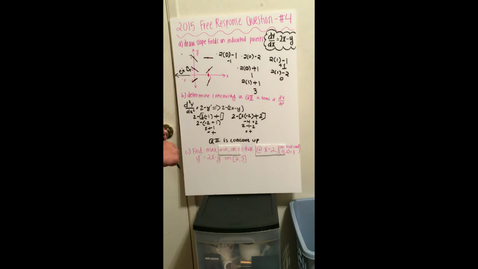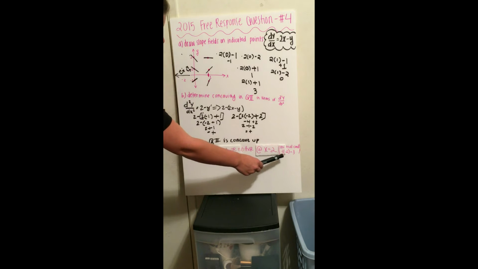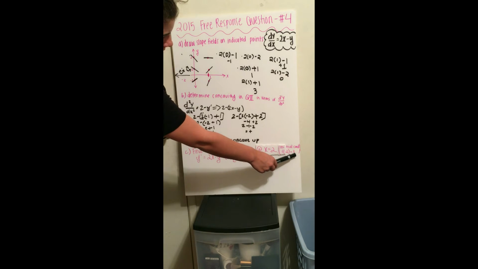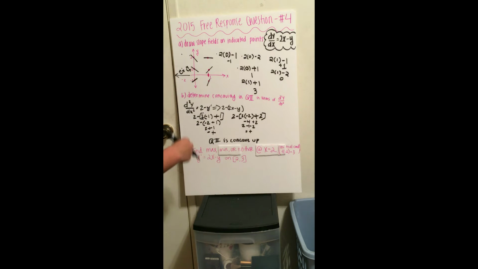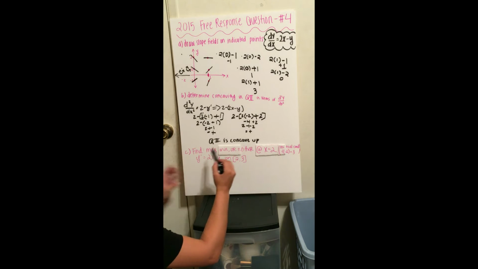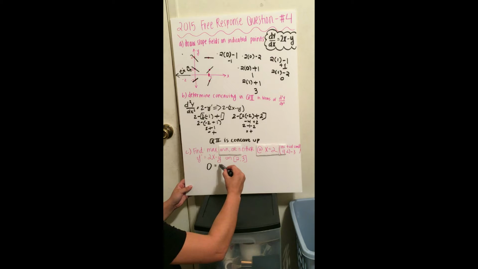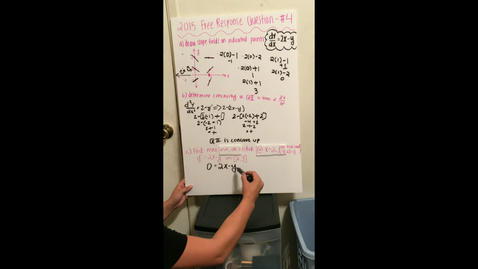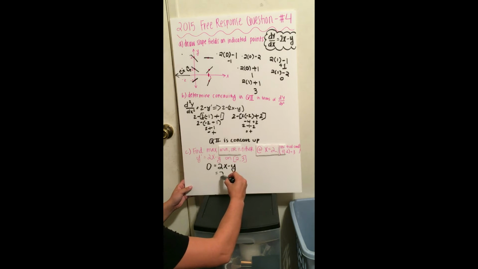So this question is asking us to find whether this differential equation gives us a maximum, a minimum, or neither. And it tells us that when x is equal to 2, y is 3. So based on our initial condition, we're going to plug these numbers in. Or actually, we're going to set it equal to 0. So 0 equal to 2x minus y. And then we're going to plug it in: 2 times 2 minus 3.